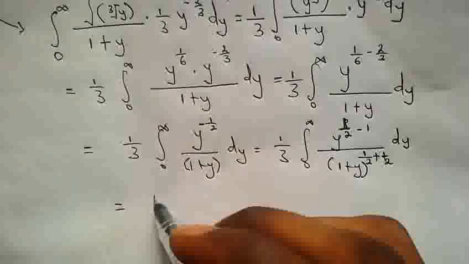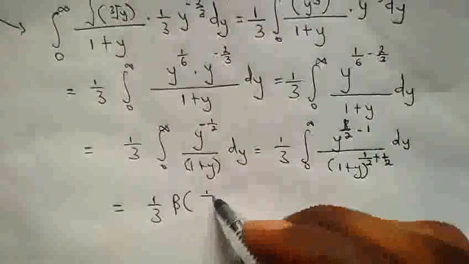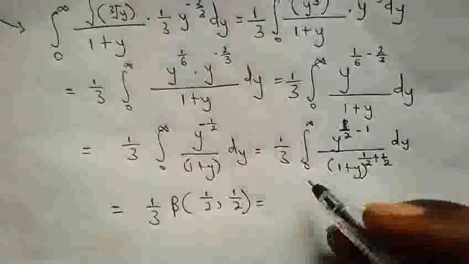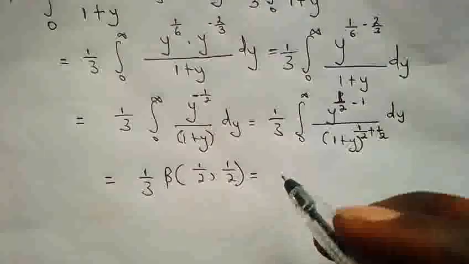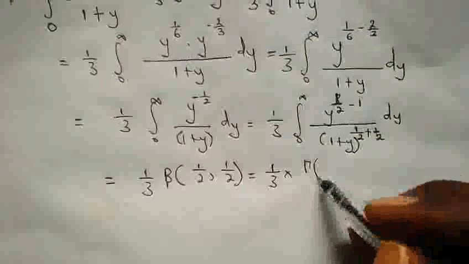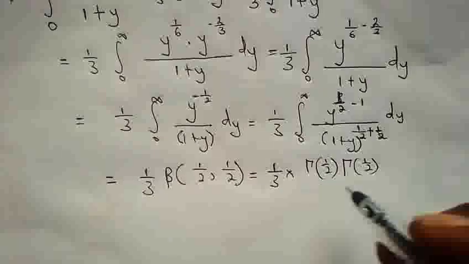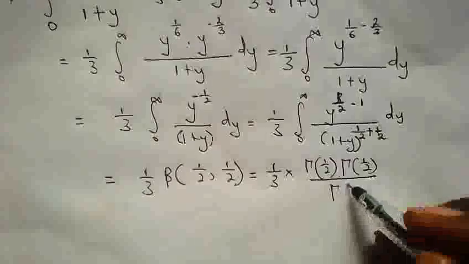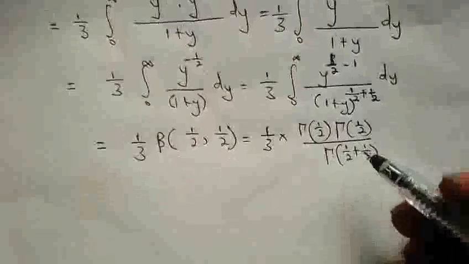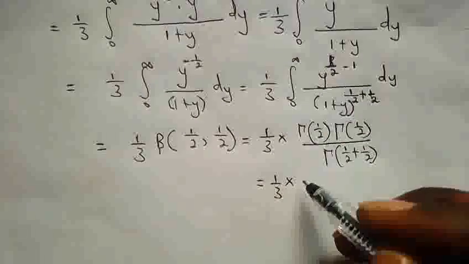This is equal to 1 over 3 times the beta of 1 over 2 and 1 over 2, and according to the relationship between the gamma function and the beta function, we have 1 over 3 times the gamma of 1 over 2 times the gamma of 1 over 2 all over the gamma of 1 over 2 plus 1 over 2.